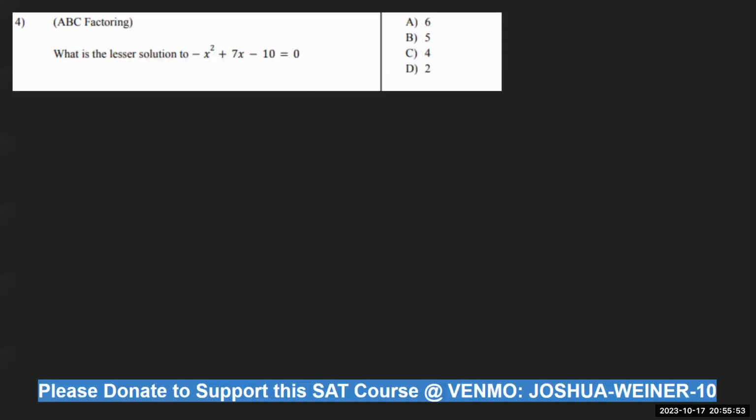What is the lesser solution to x squared plus 7x minus 10, using ABC factoring? For this one, I'm going to multiply it first by -1.